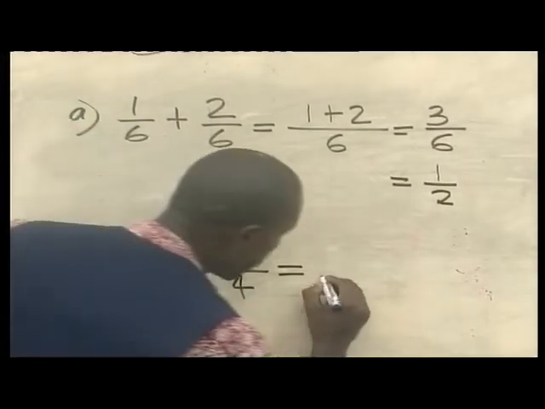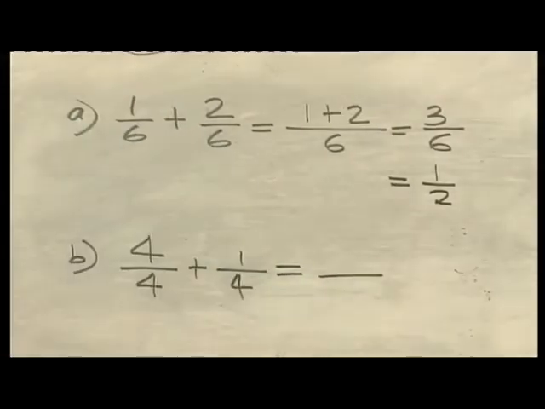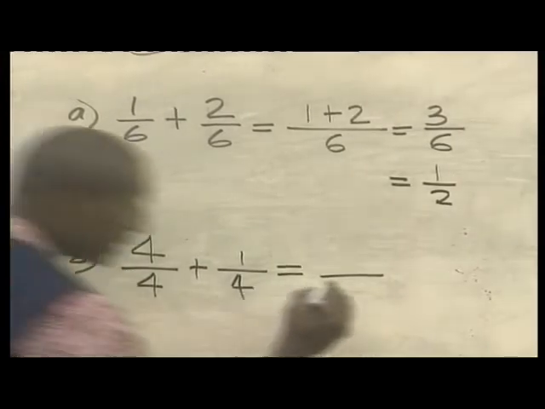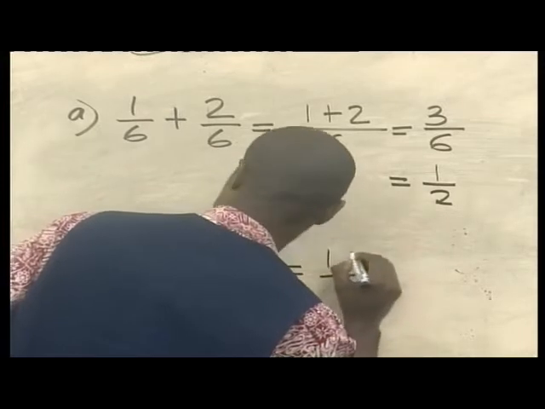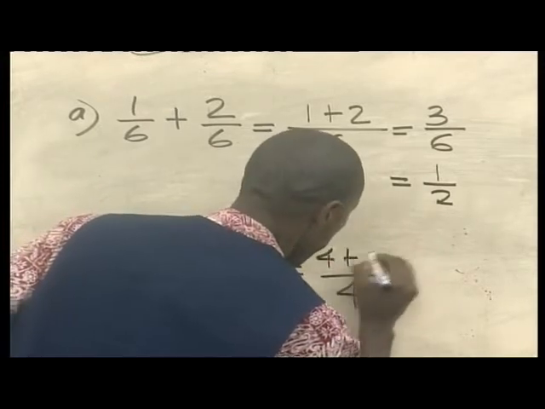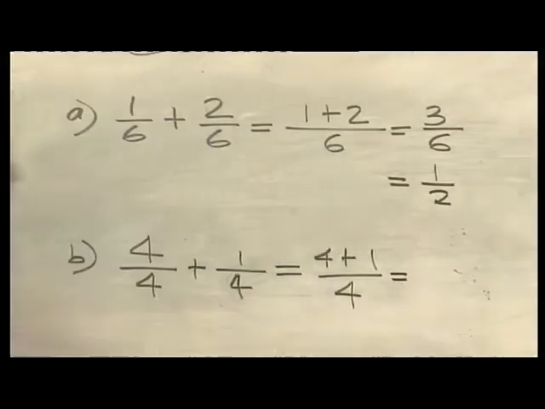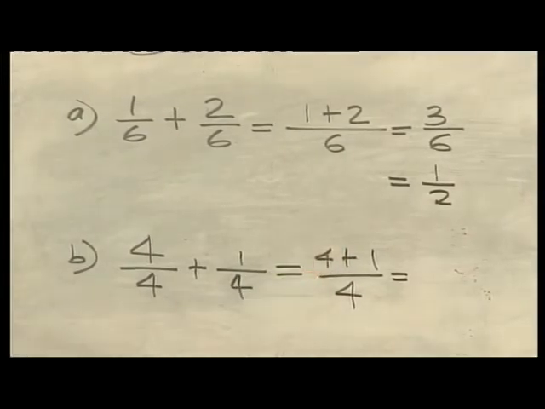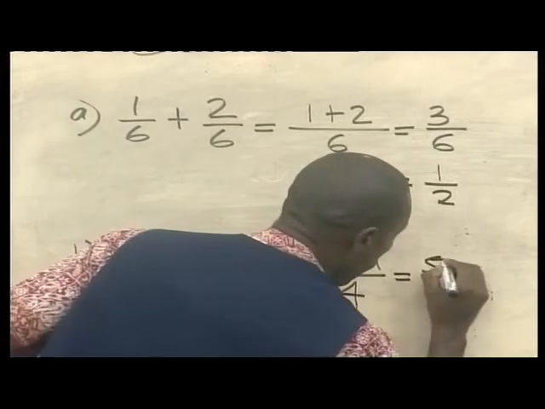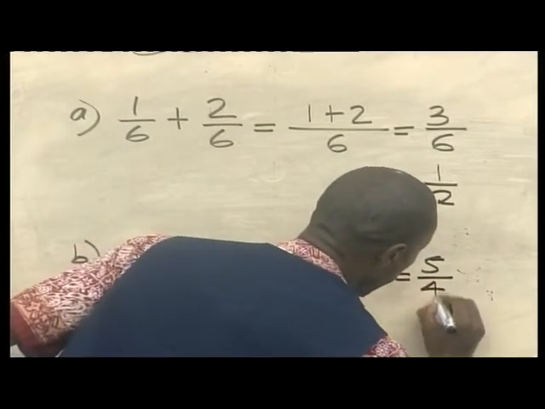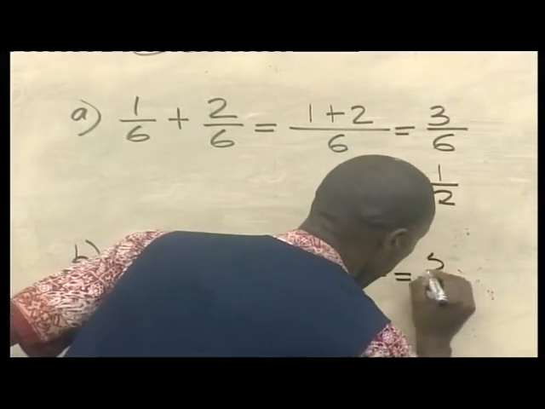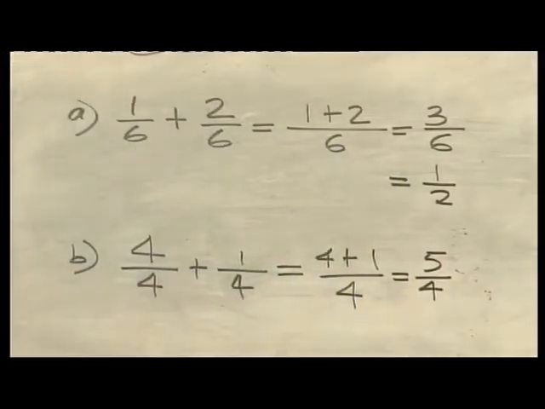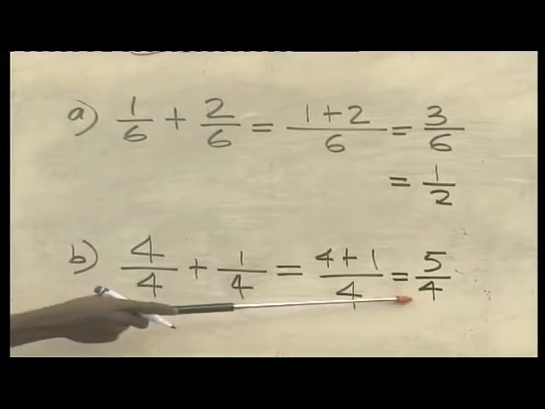And then step number 3, we write down the denominators and then add the numerators. Four plus 1 is 5, so 5 over 4. Now students, let us look at the fraction here.